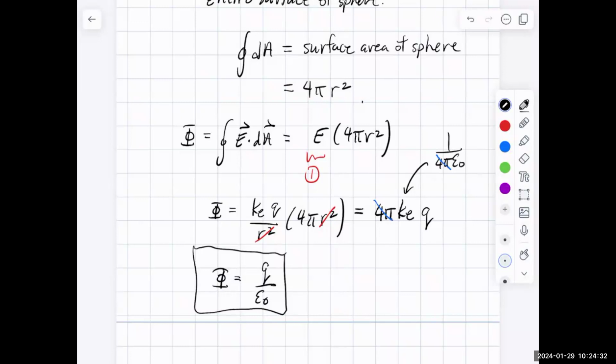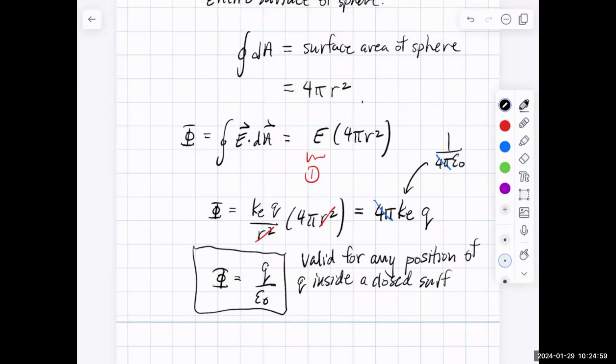And so this result is valid for any charge inside any closed surface at any position inside that closed surface. Okay, so this is valid for any position of Q inside a closed surface of any shape.